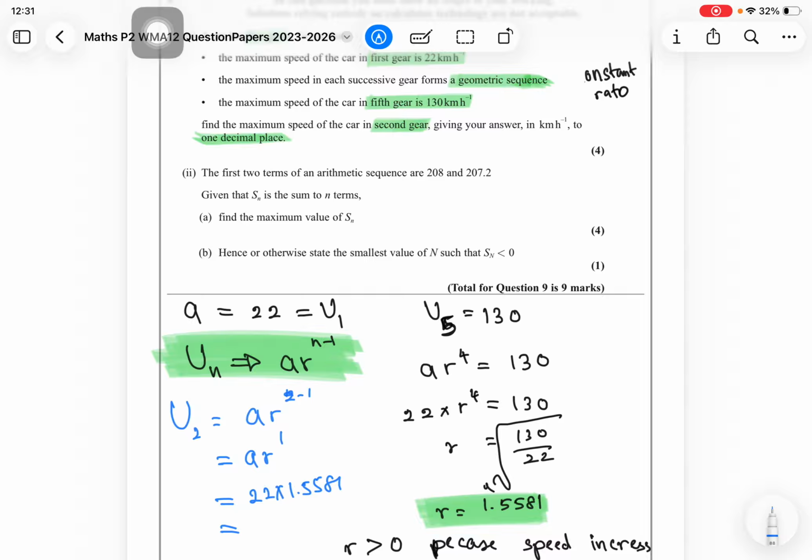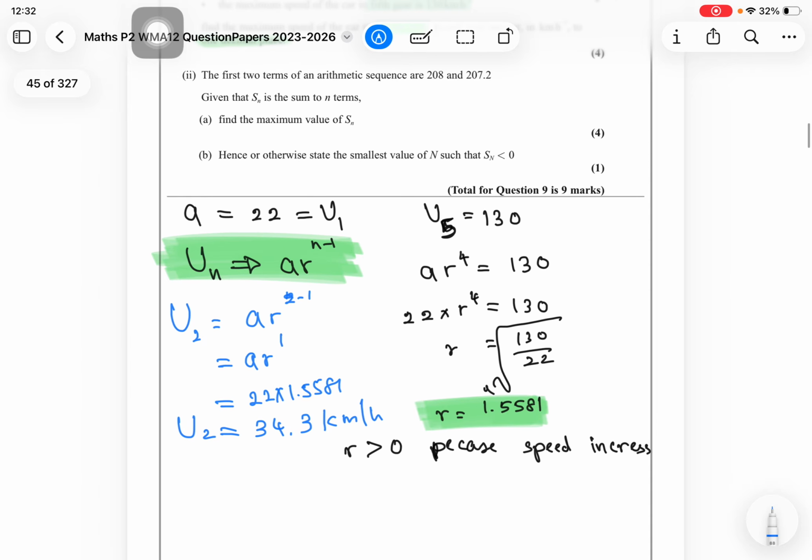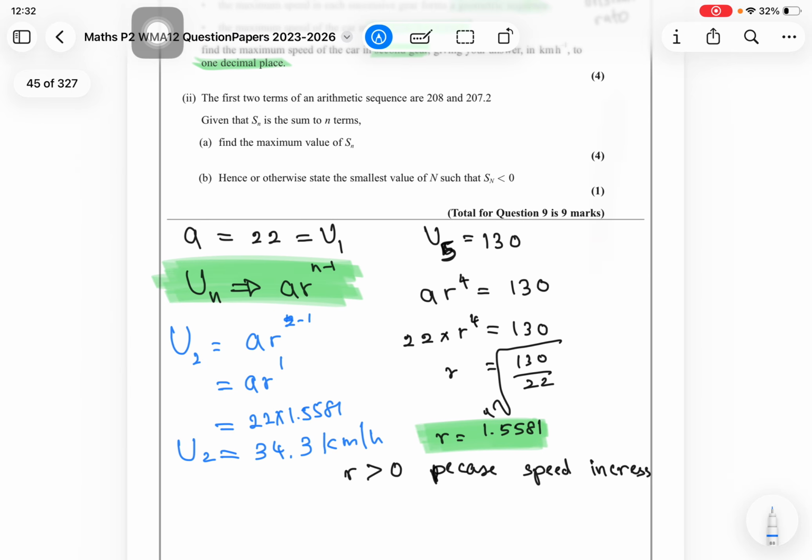It's a pretty straightforward answer, which is 34.3. They're asking for 1 decimal place, so I'll just keep it for this one. That is the speed of the second gear. Okay, now the first one is done, so we can easily get all 4 marks.